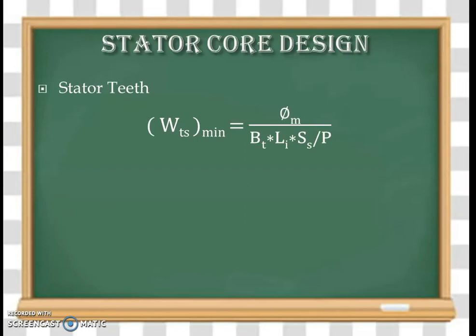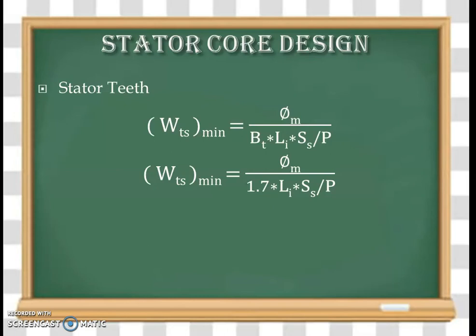So flux density, that is BT, for teeth. So maximum flux density can be considered as 1.7 Weber per meter square. So to decide the width of the teeth for stator, S for stator, and minimum, we have to take maximum flux density, that is 1.7 Weber per meter square, as we discussed.